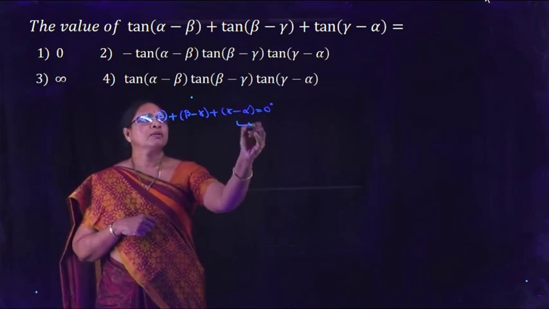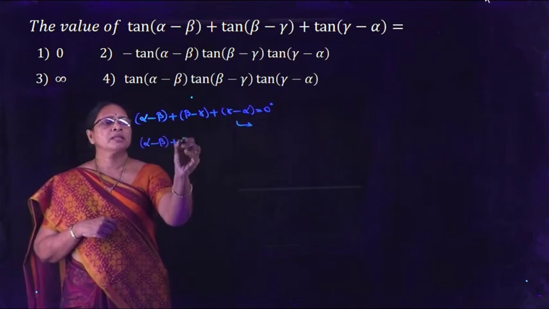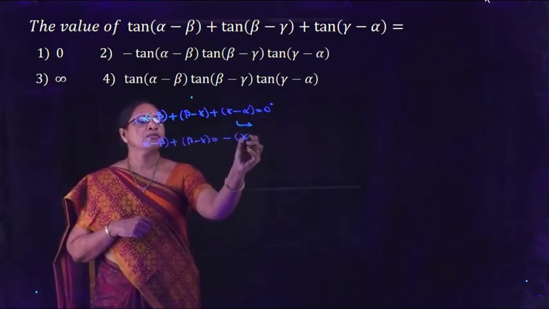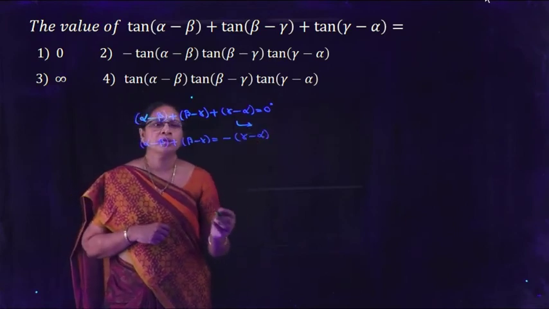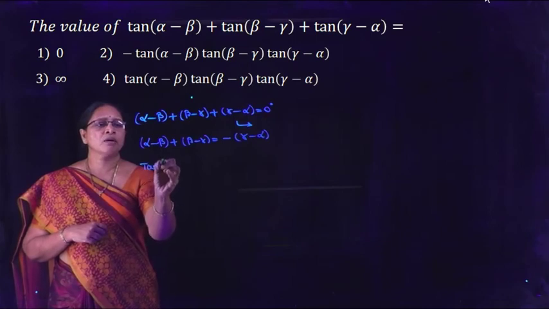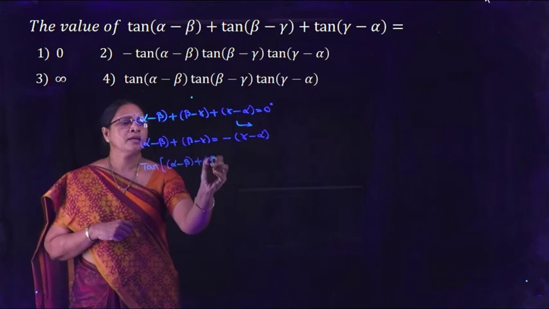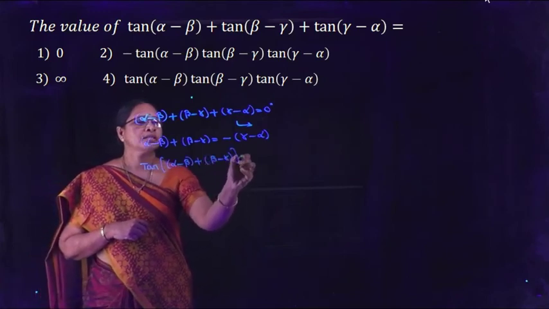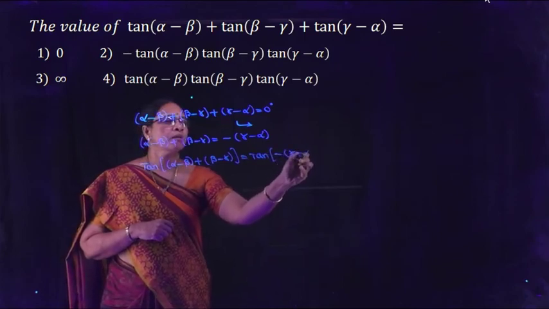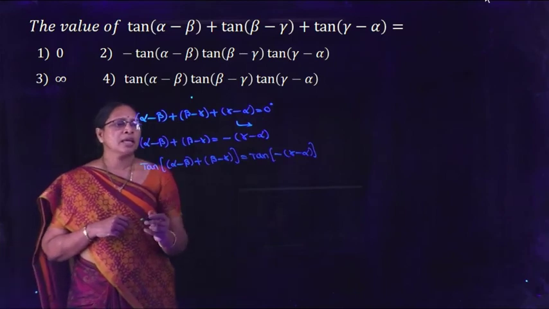Move it into the right hand side. (α − β) + (β − γ) is equal to minus of (γ − α). Here apply tan on both sides. We have tan of (α − β) + (β − γ) is equal to tan of minus of (γ − α). Here it is in the form of tan(A + B).